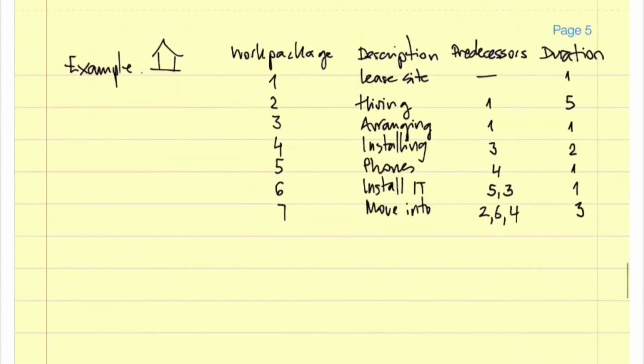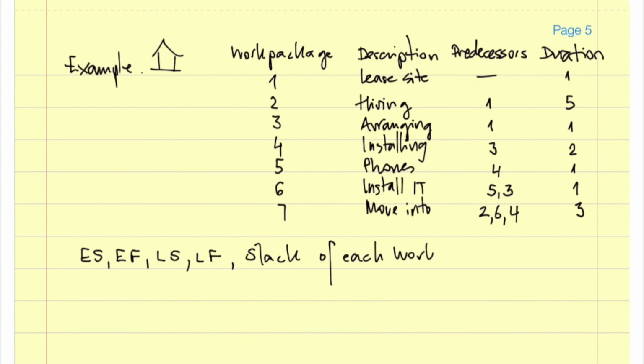So I want you to be able to calculate early start, early finish, late start, late finish, the slack of each work package, plus the critical path. Okay, and this is a typical question for your exam.